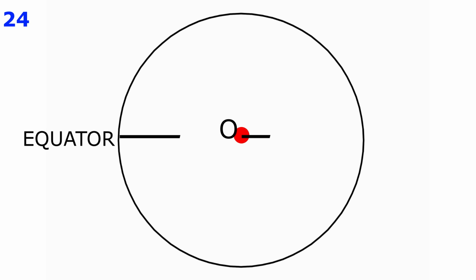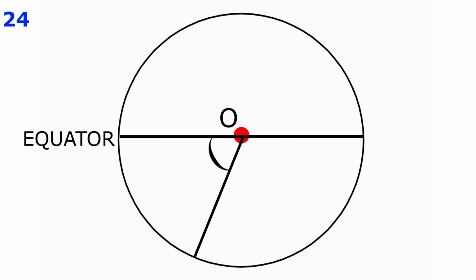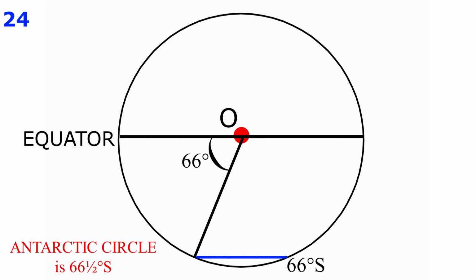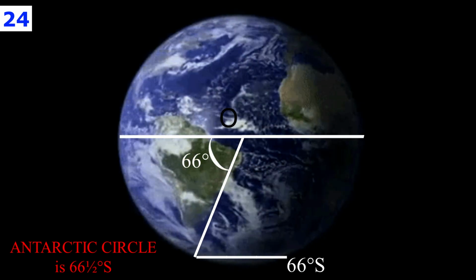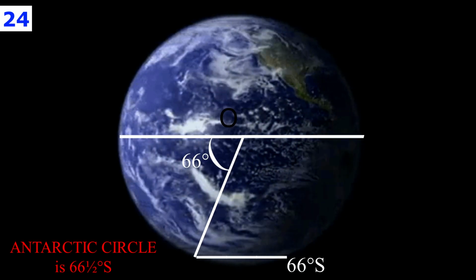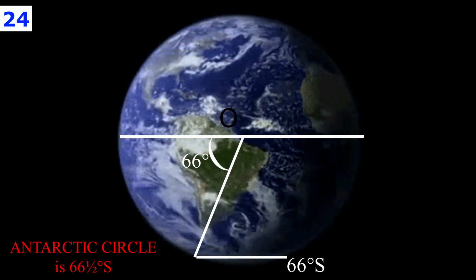Suppose 66 degree south. The 66th parallel south is 66 degrees south of the Earth's equatorial plane, about 61 km north of the Antarctic Circle. It crosses the Southern Ocean and Antarctica.